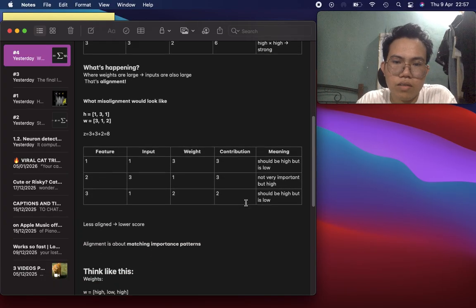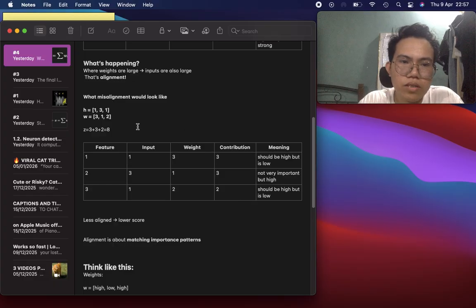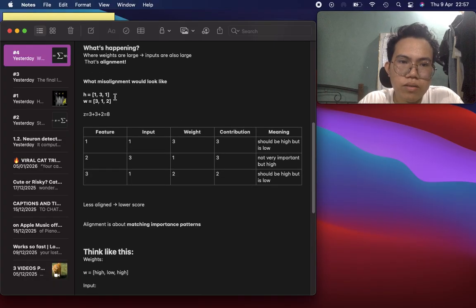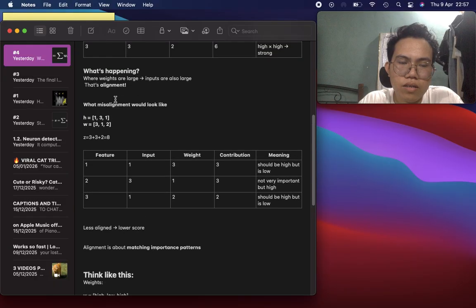That is alignment. Another example of misalignment would look like 1, 3, 1. The input features are 1, 3, 1, but the neuron expected 3, 1, 2. As you can see, the pattern of 312 is high, low, medium. So the input feature is 1, but the weight is 3.